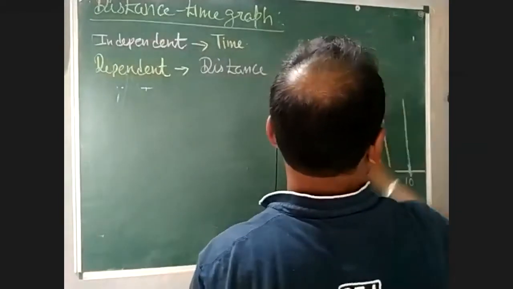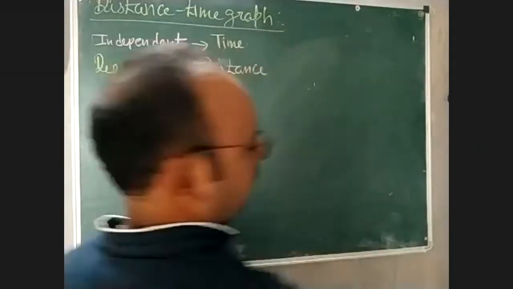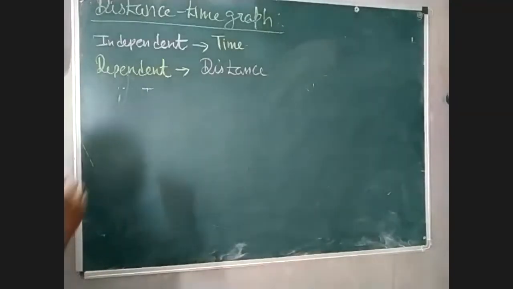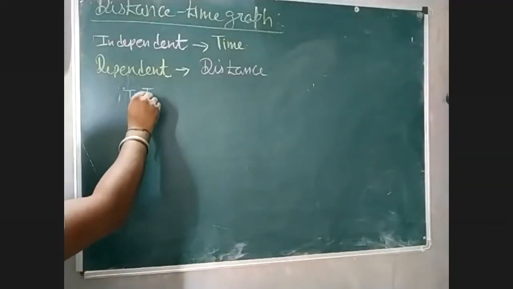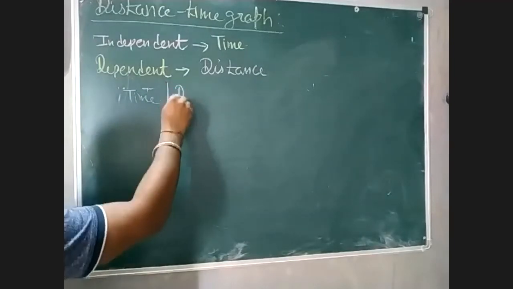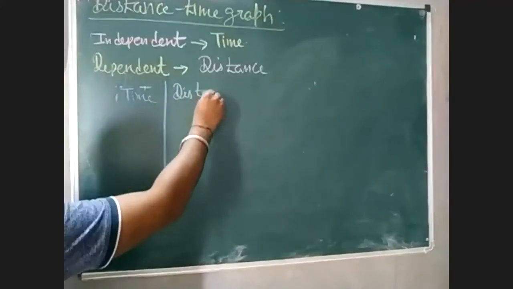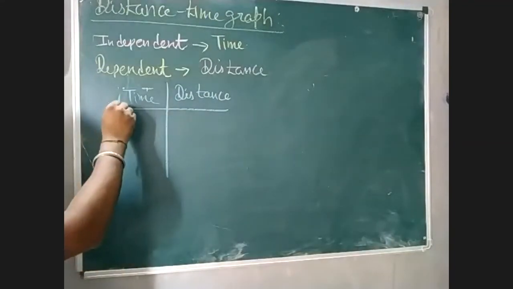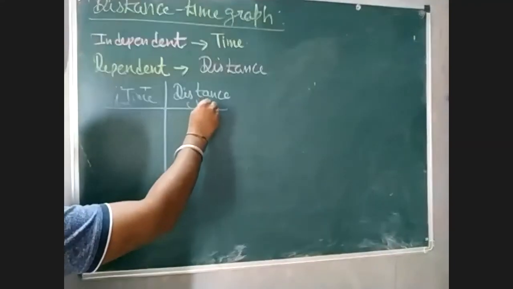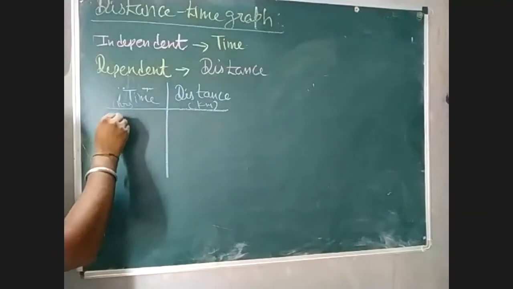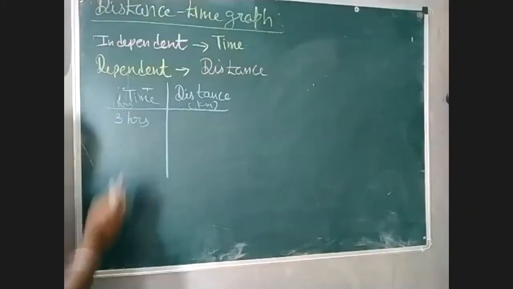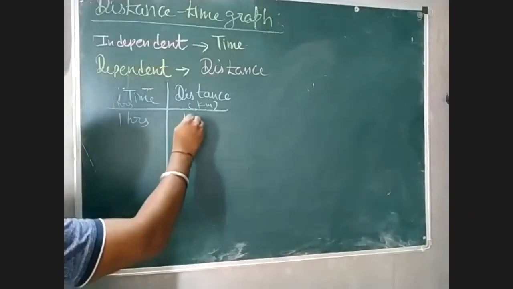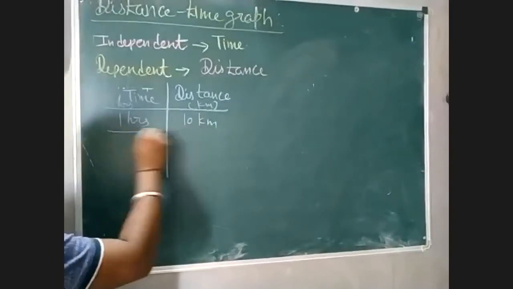For the same graph, we are given a table: time and distance covered. Time is in hours, distance in kilometers. When time is 1 hour, distance is 10 kilometers.